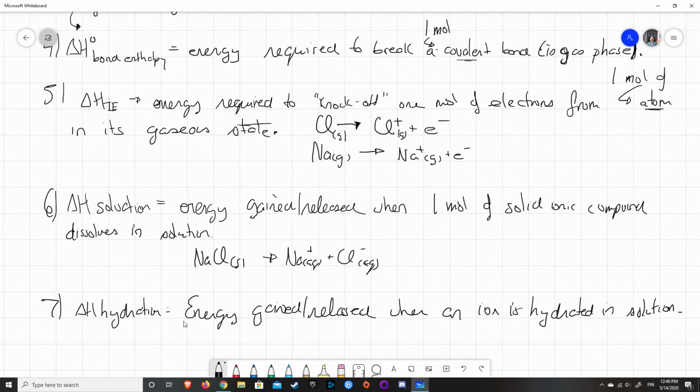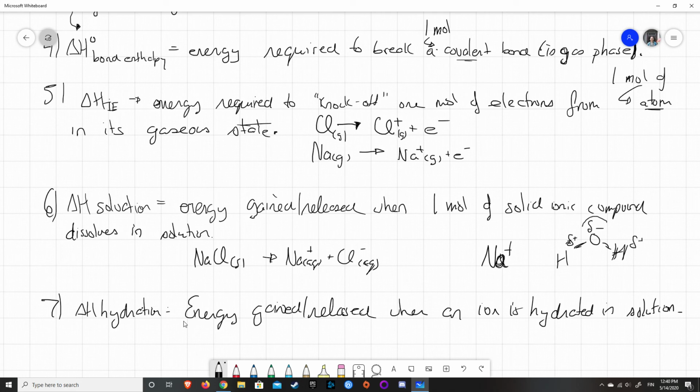So an example of that would be, you have a sodium ion, and like we know, water is polar. We've got a delta negative here and delta positives here. And basically what occurs is that this water solvates or hydrates the sodium.